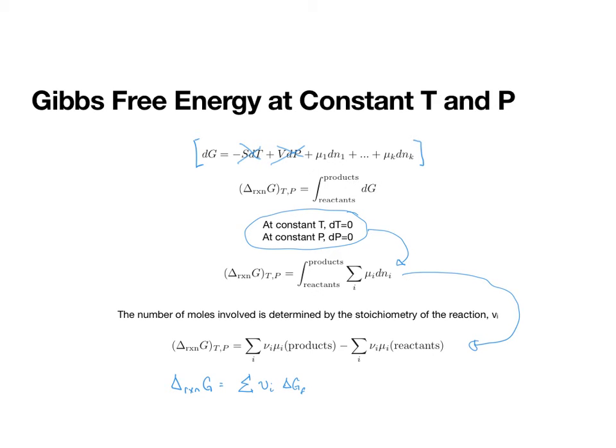Because this delta G of formation is something that is tabulated. And so we can think of this as another form of the delta G of reaction being the sum of the products minus the sum of the reactants.